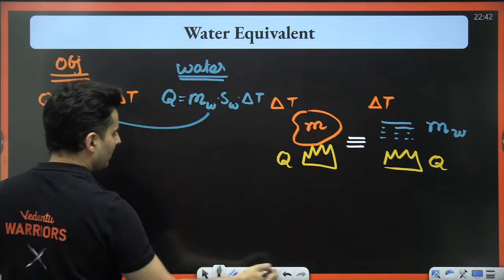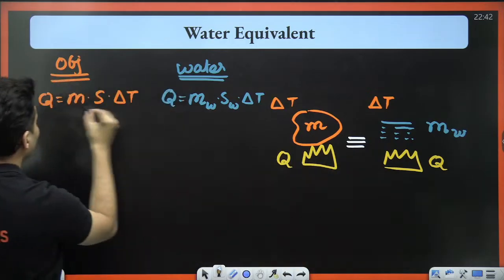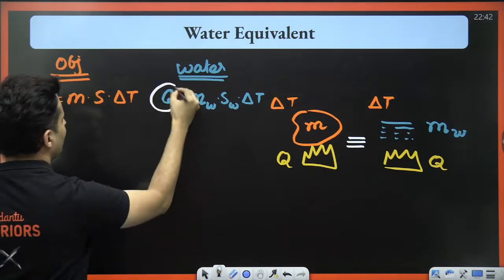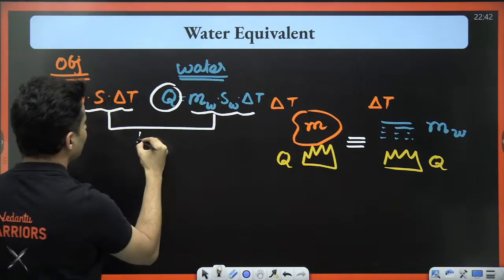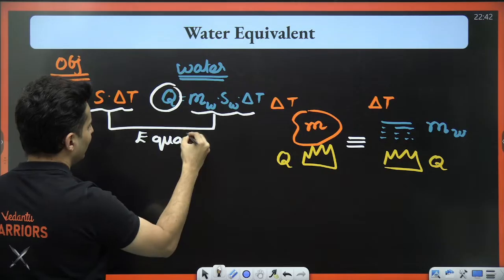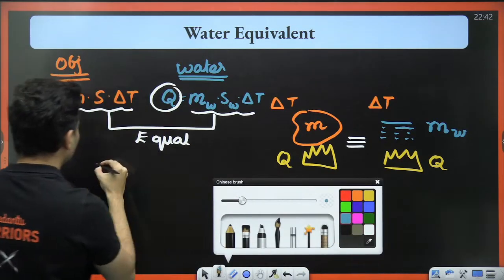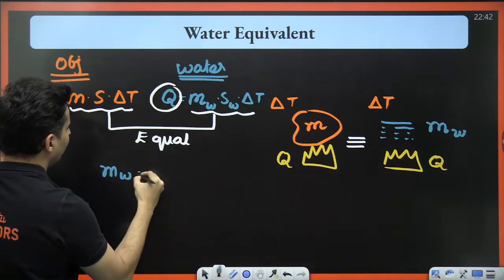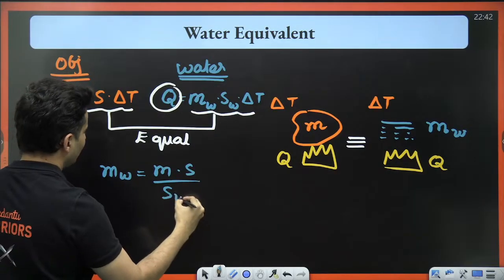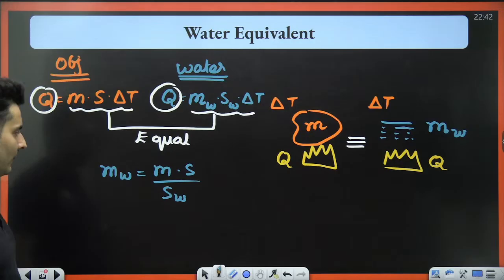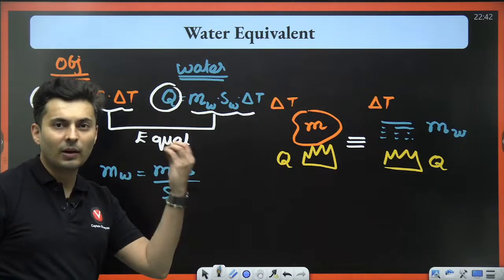Remember, heats are same. So whatever is over here and whatever is over here, they are going to be equal in amounts. Therefore, the mass of the water will be mass of the object times specific heat capacity of the object, divided by specific heat capacity of water.